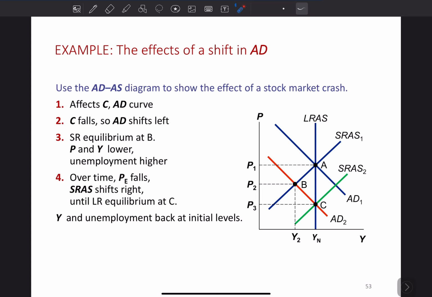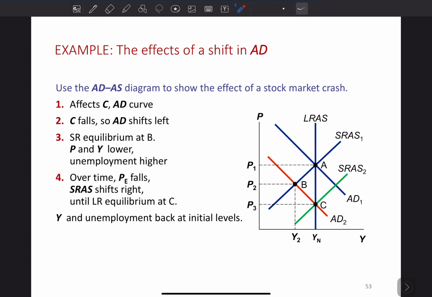Over time, as the prices adjust downward, this downward price is going to affect the expectations of the people, and the expectations will affect the prices, and this process of expectations and actual prices will continue.